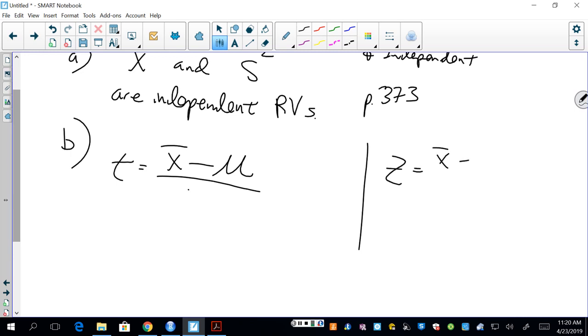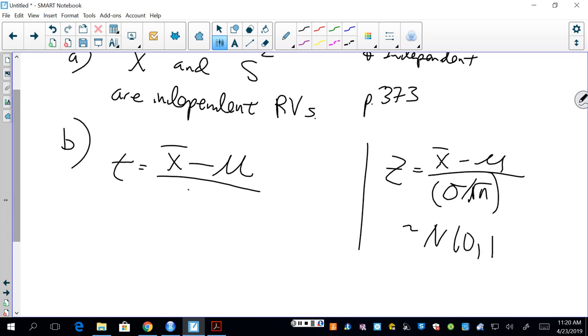If we subtract the mean and divide it by sigma over the square root of n. Why that? Variance of x bar is sigma squared over n, so dividing by the standard deviation should bring it back to a variance of 1. This standardized version has a standard normal distribution.